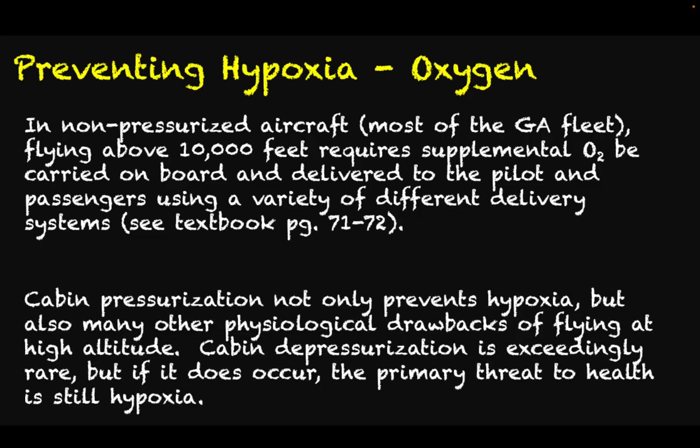And then cabin pressurization, when it's present, not only will prevent hypoxia, but also many of the other physiological drawbacks of flying at high altitude, which we will talk about some of those in the next chapter on trapped and evolved gases. Cabin depressurization is exceedingly rare, but if it does occur, the primary threat to health is still hypoxia.